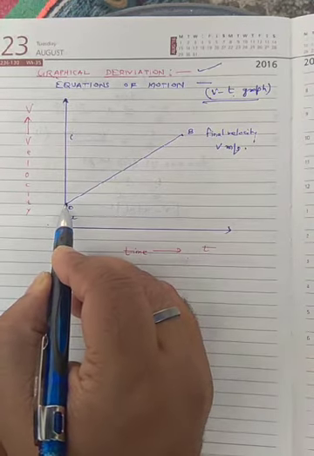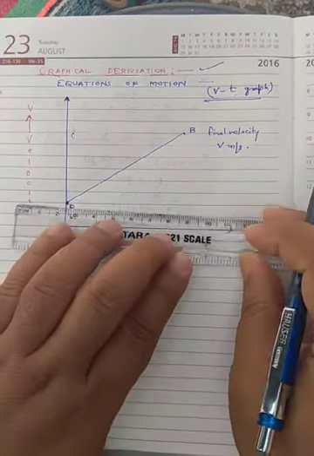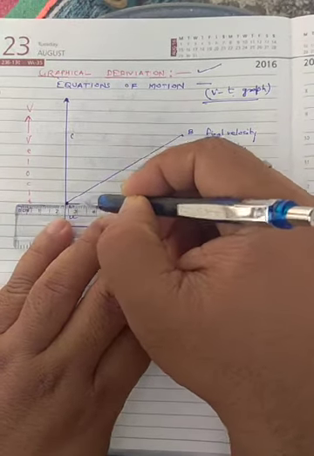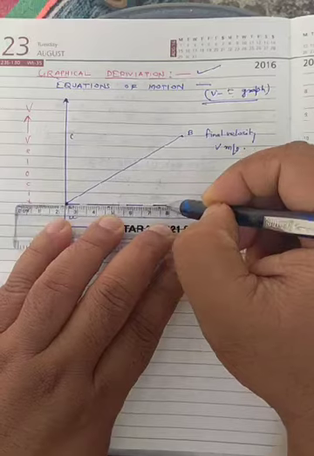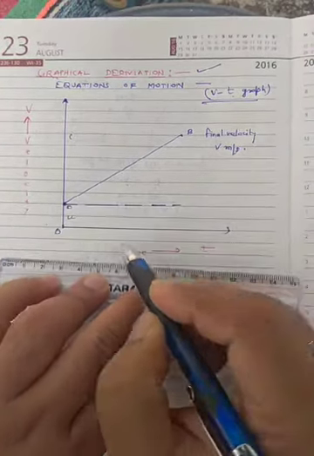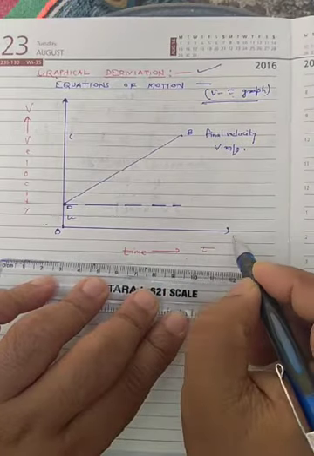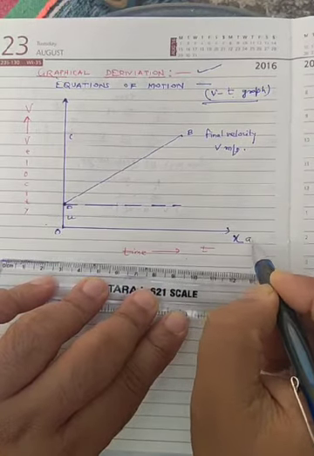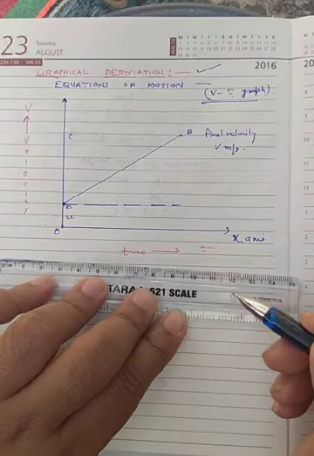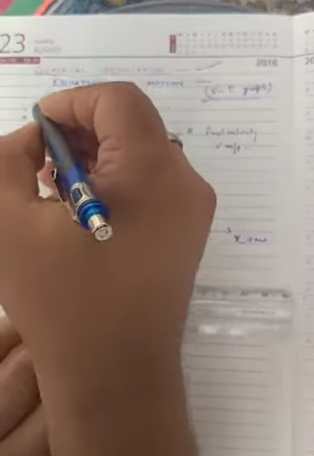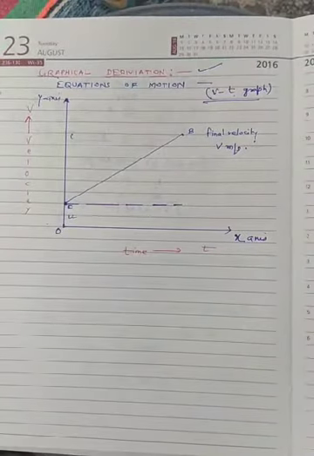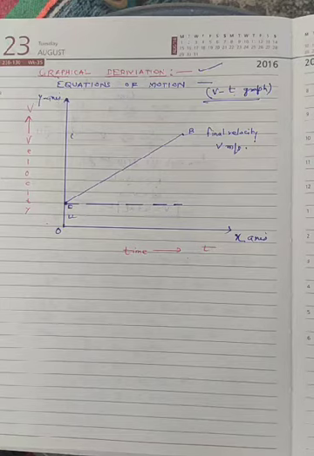That means from point D, draw the dotted line along the x axis. This is the x axis, where we have plotted the time, and this is the y axis, where we have plotted velocity.